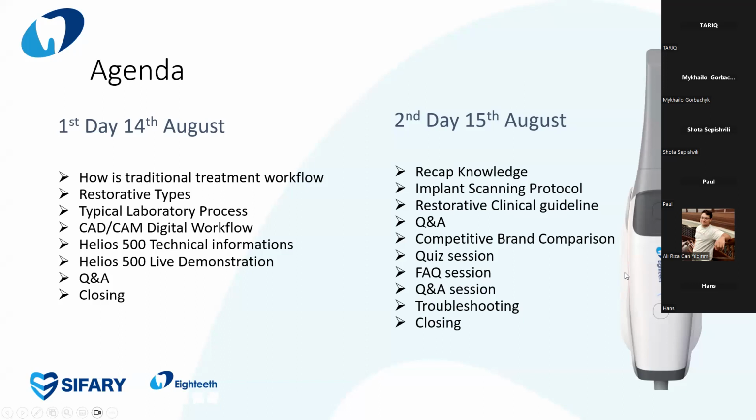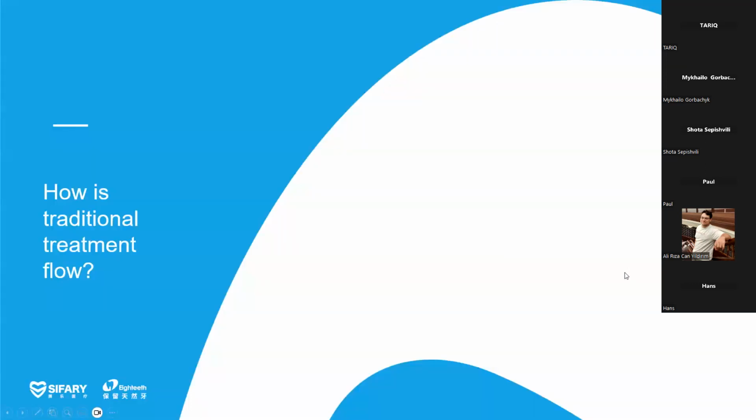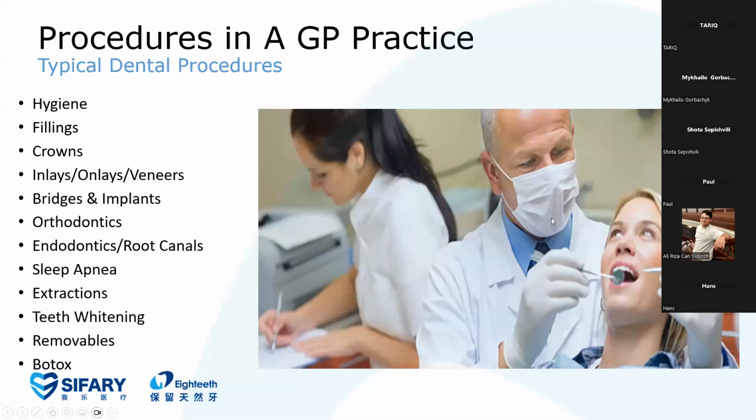All right, so let's start then. First, I'm going to start with how the traditional treatment flow looks in general practice. On the left-hand side, you see fillings, crowns, inlays, onlays, bridges, some orthodontic treatments, or some removables or Botox.